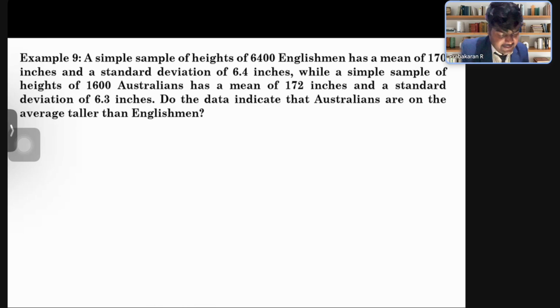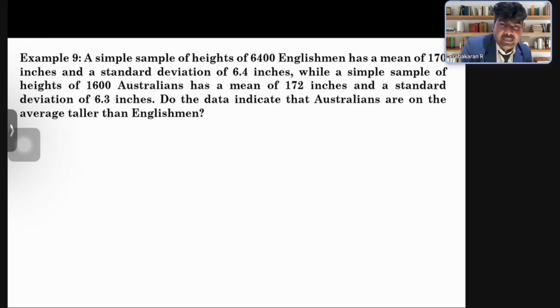Next we'll move to this problem. A simple sample of heights of 6,400 Englishmen has a mean height of 170 inches and standard deviation of 6.4 inches, while a simple sample of heights of 1,600 Australians has a mean of 172 inches and standard deviation of 6.3 inches.